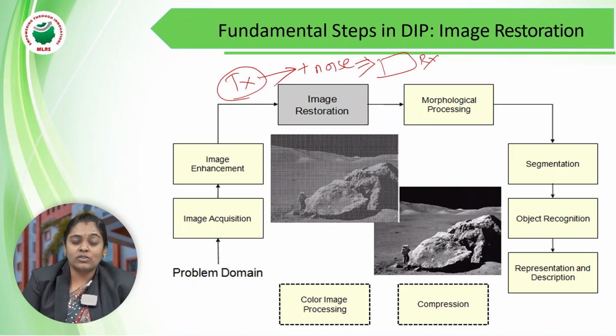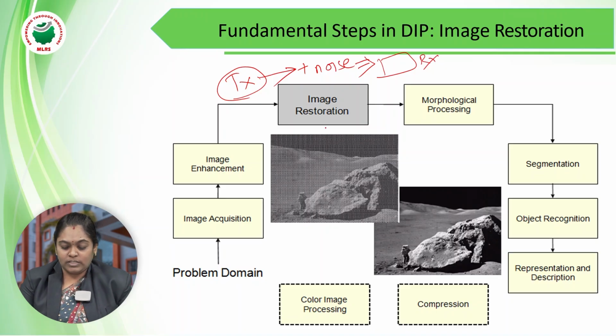So image restoration is a process in which the degraded image can be recovered and the output is similar to the input image. Meaning in restoration, we are removing the noise effects and the blurring effects, and we are able to get back our original image which has been transmitted. That is called image restoration.